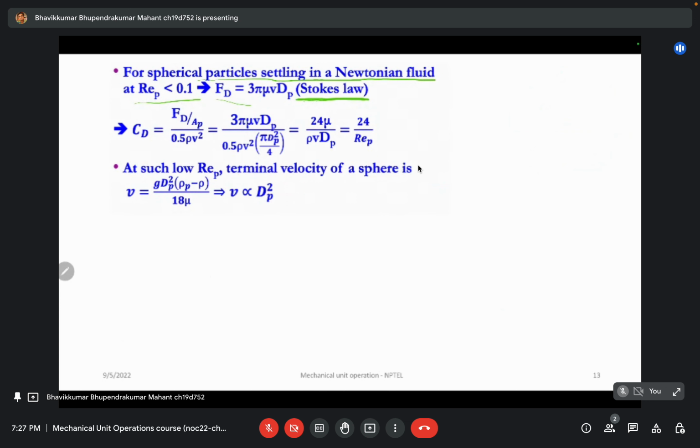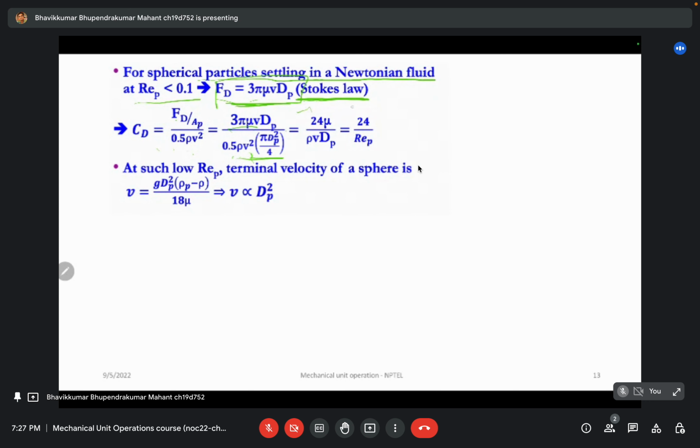In the Stokes law region, the drag force is given by 3 pi mu v dp. This is the Stokes law. The value of CD is equal to FD divided by Ap times 0.5 rho v square, or rho v square by 2. Here we substitute the Stokes law instead of FD, that is 3 pi mu v dp, and 0.5 rho v square, and for the projected area of a spherical particle we consider the area of the circle, which is pi dp square by 4.